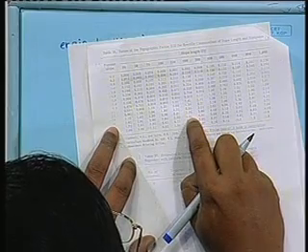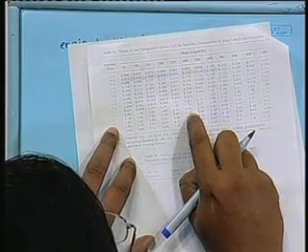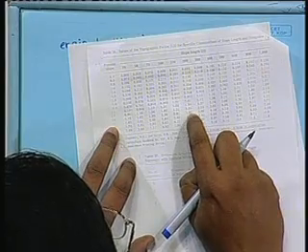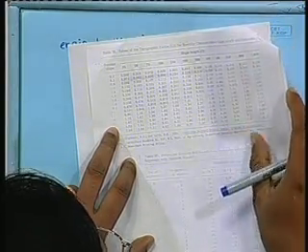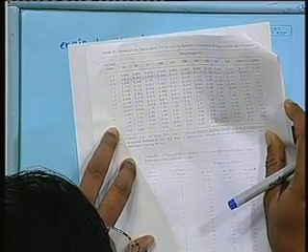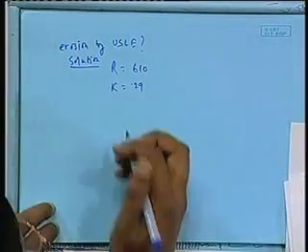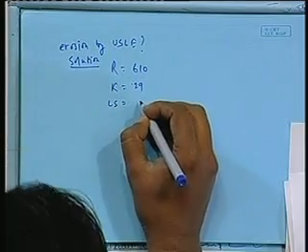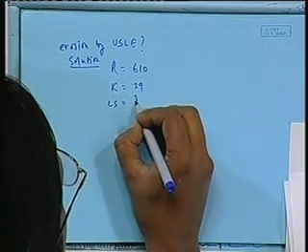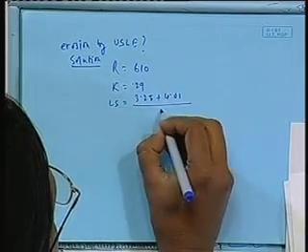So let us consider that to be somewhere between 3.25 and 4.01. So we find LS as equal to, as I have said, 3.25 plus 4.01 divided by 2.